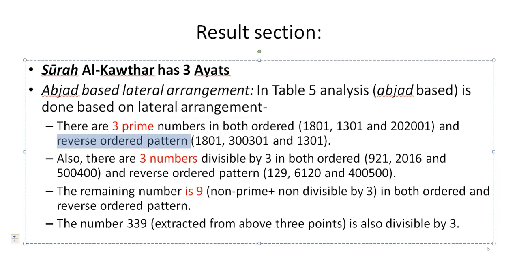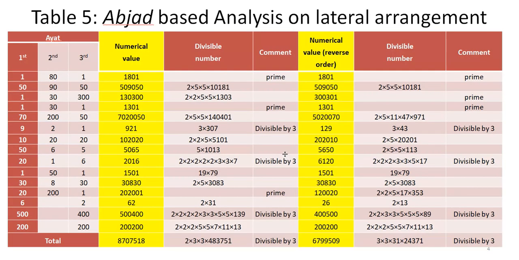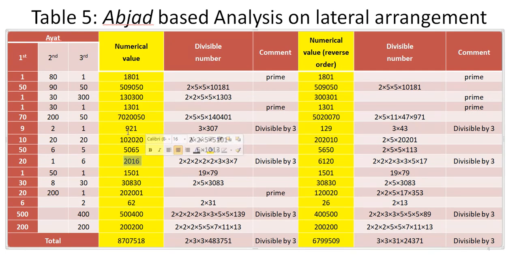Second point is that there are also 3 numbers divisible by 3 in both ordered and reverse ordered pattern. In ordered pattern we have 3 divisible numbers: this one, this one, and this one.